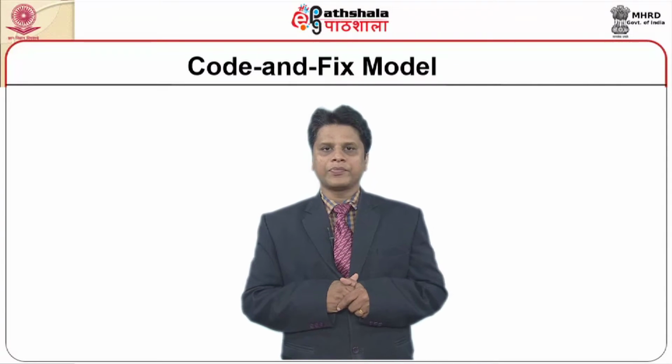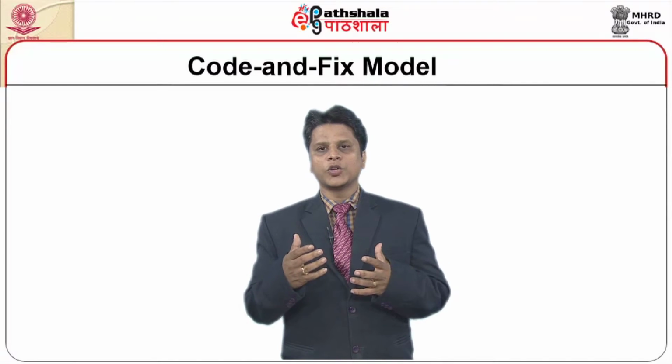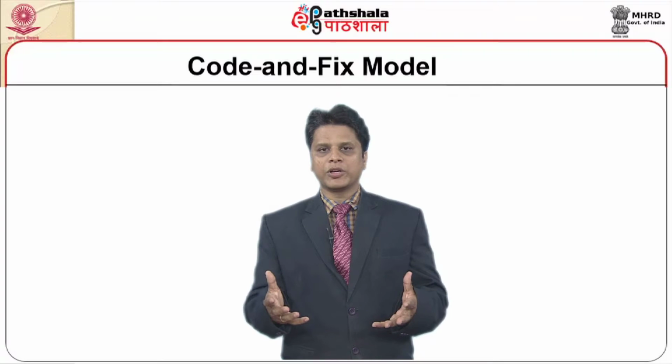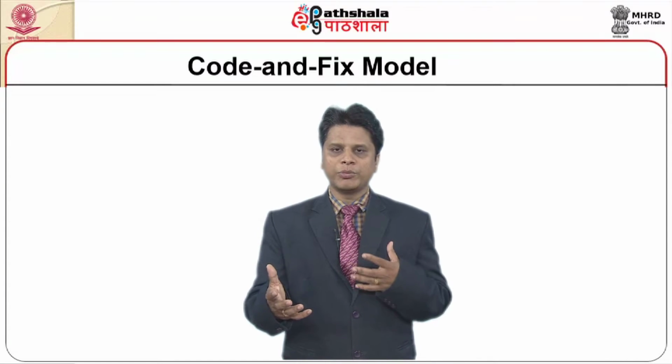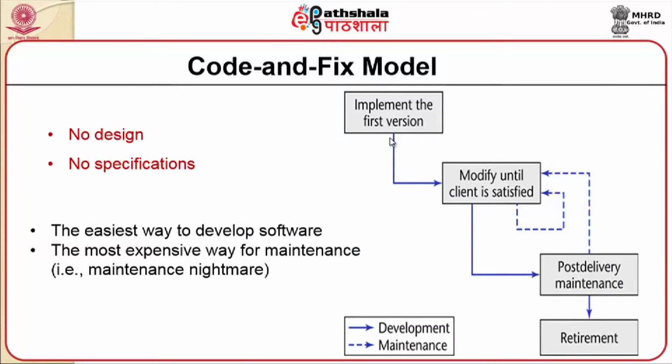Although it seems pretty easy, as students you might already be developing in a code and fix manner, because during laboratory sessions you are directly involved in coding, once given a problem on the Fibonacci series, or to write a program to find the series 1, -2, 3, -4. Although I state a problem statement, you can directly code on it. It does not require a complete set of requirements.